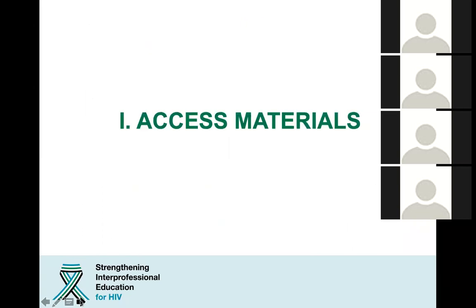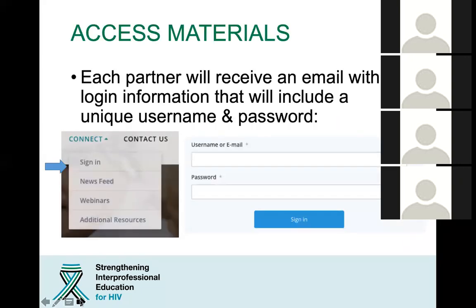So the presentation will follow what I just laid out: accessing materials, evaluation, and then networking, so you can see how this will be done via the website. For accessing materials, each of our partners will receive an email from our Stripe email address with a login and a password.